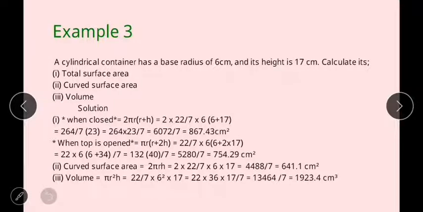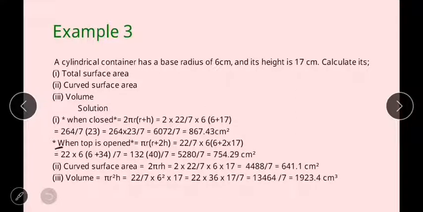Are we together? So now, we have 264 times 23/7. That gives me 6,072/7. If you simplify that, it gives us our final answer, and that is the value for the total surface area of the cylindrical container when the top is closed.